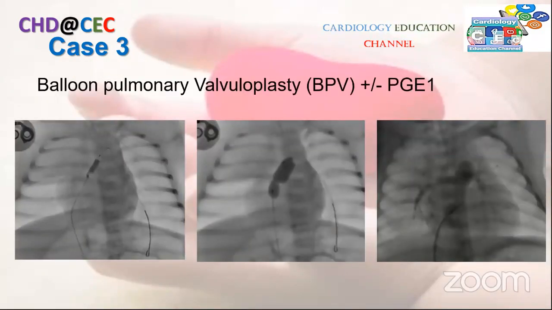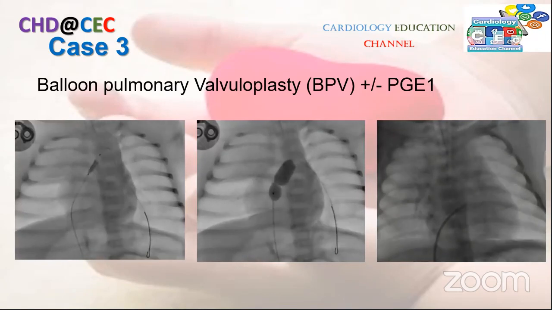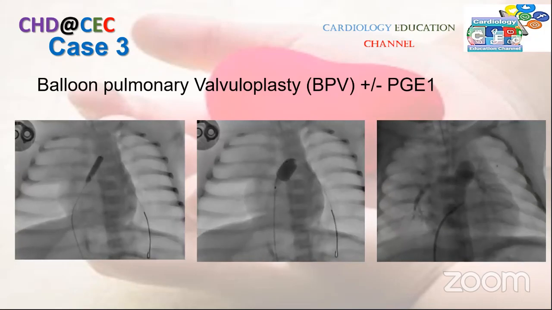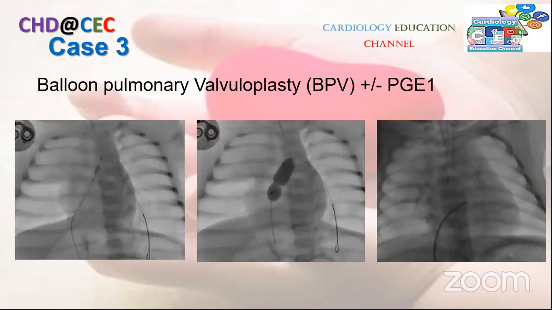So here is the management of this case. We started as usual with injections, sometimes in the AP cranial and the lateral, depending on which morphology gives better visualization. In this case, we continued in the AP cranial.